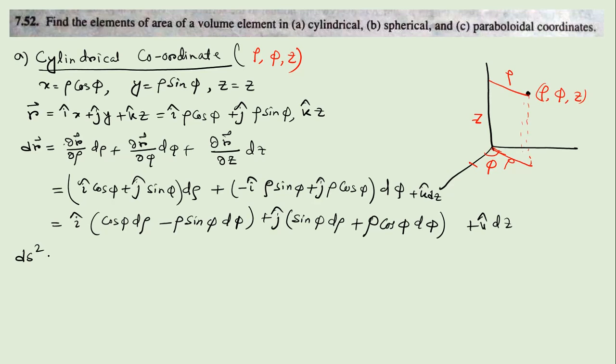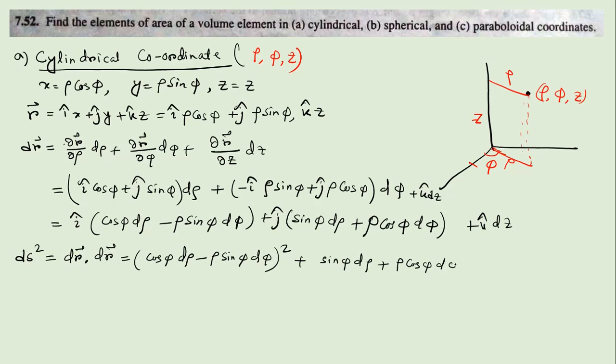Now dA square is nothing but dr vector dot dr vector. If you dot dr with dr, you will get (cos phi d rho minus rho sin phi d phi) whole square, plus (sin phi d rho plus rho cos phi d phi) whole square, plus dz square.